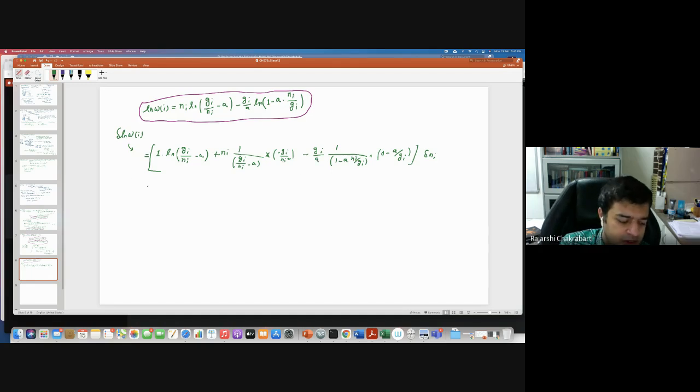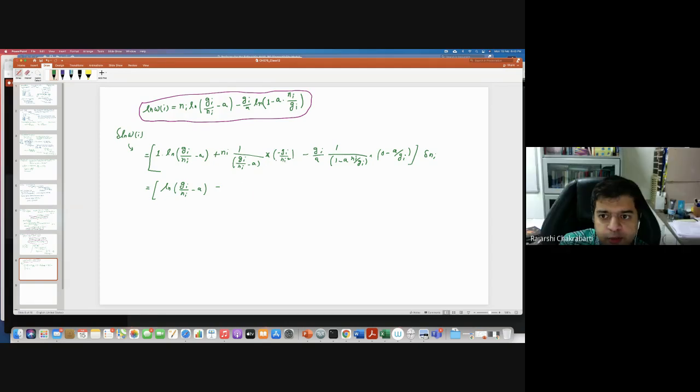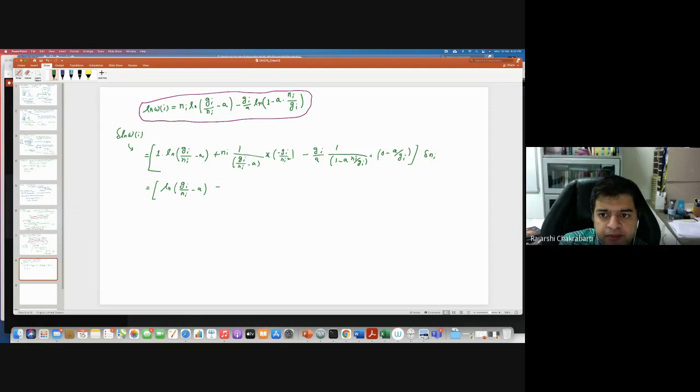Now I can just simplify it further. If I simplify, what I'm going to get is as follows: ln gi by ni minus a. What is the second term? Look carefully. This one is minus. Ni will cancel.